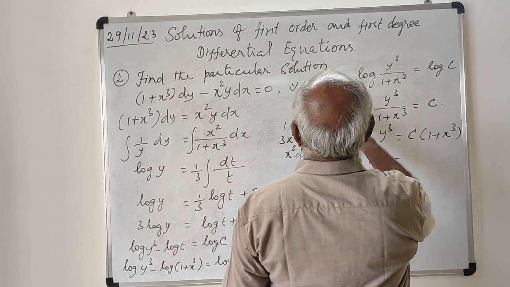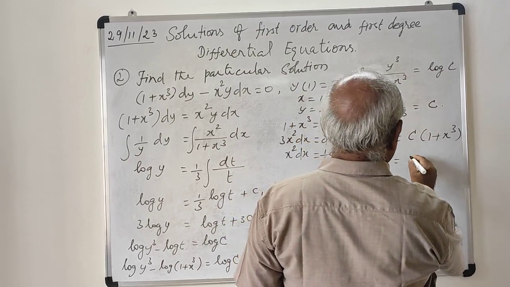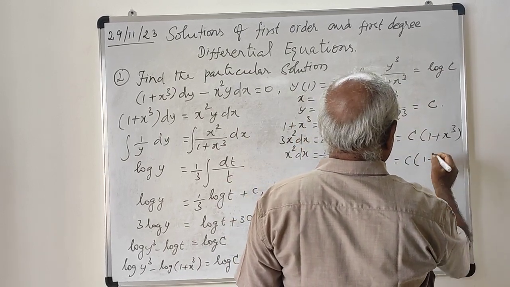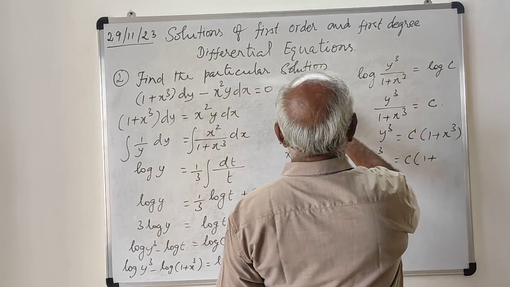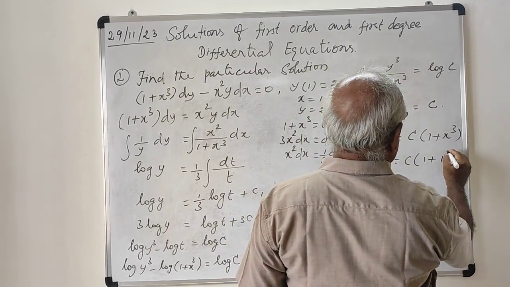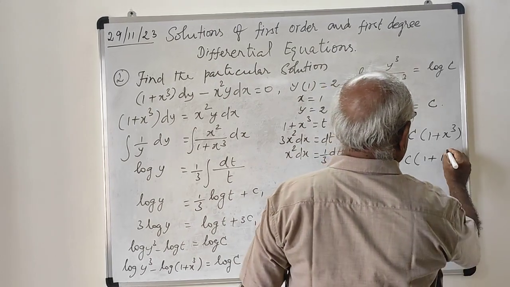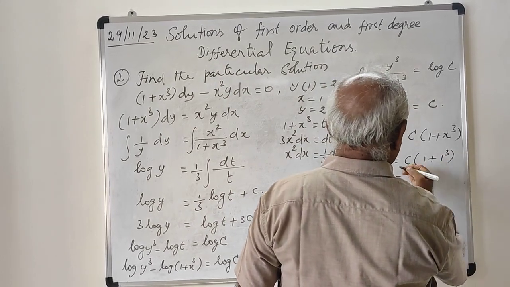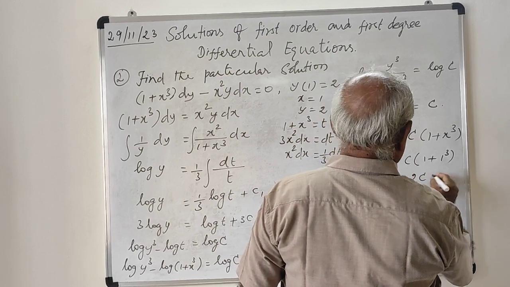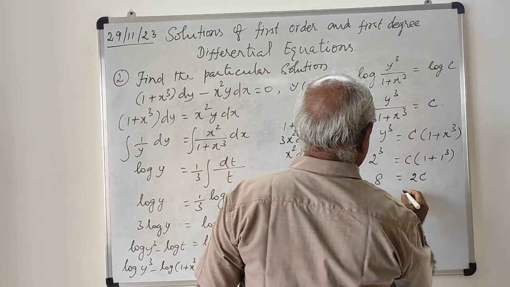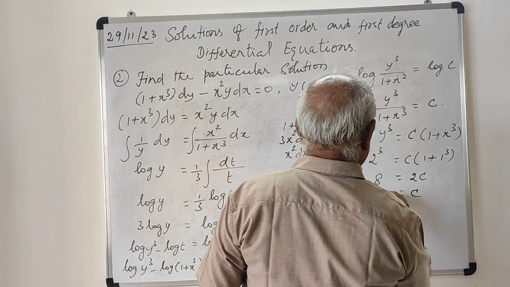2 cube equal to c into 1 plus x cube, with x equal to 1. That is 1 cube is 1, 1 plus 1 is 2. 2c equal to 8. So c equal to 8 by 2 is 4.